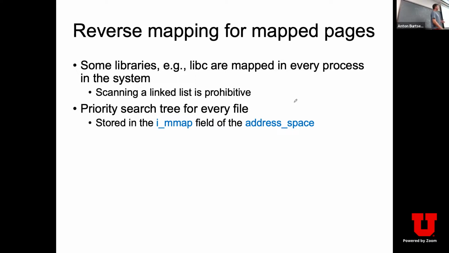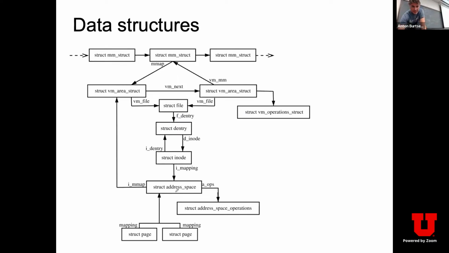What they do instead is create something called a priority tree for every file in the system. Essentially, it's this i_mmap field of the address space. Let me just show you. Remember, if you go through those pointers to this data structure, which is called an address space, right?